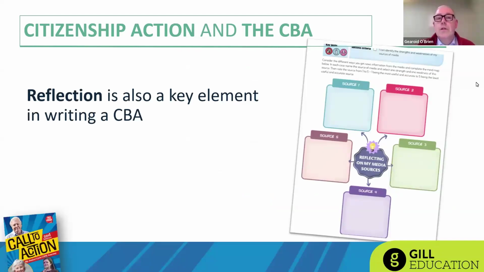At the end of each chapter in Call to Action, there's a reflection section, and I've developed that a little bit because I think it's really important to have scaffolding in that. Often they end up describing what they did. They don't realize reflection is talking about what they have learned from doing this. So the idea of doing that on a constant basis is worth considering.